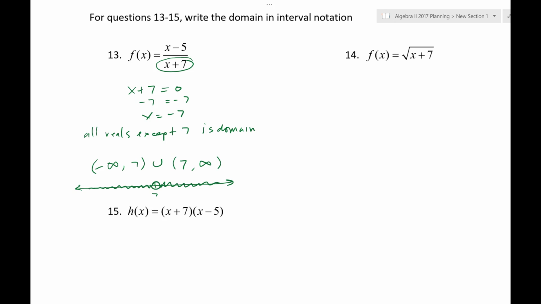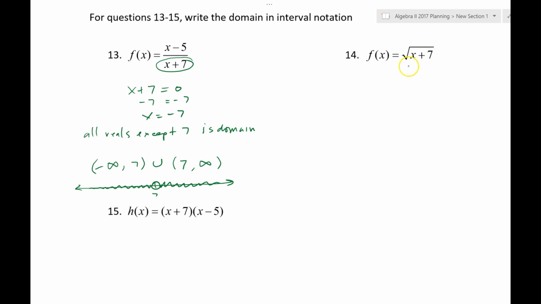For 14, again, we start with the idea that all real numbers will work and figure out what will cause illegal operations. Well, here we have a square root sign, and so we have to worry about having negative square roots. Even though we know what i is in the complex numbers, since we're graphing in the real number system, we're going to think about real numbers when we think about what's allowable here.